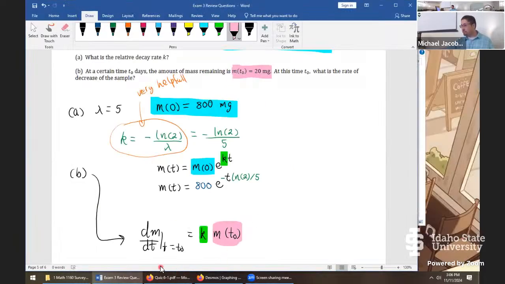So all we now need to do is say that this is equal to k, which is that negative natural log 2 over 5, multiplied by mass at time t naught, which was stated in the problem to be 20 milligrams.